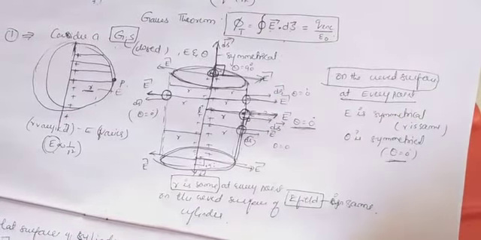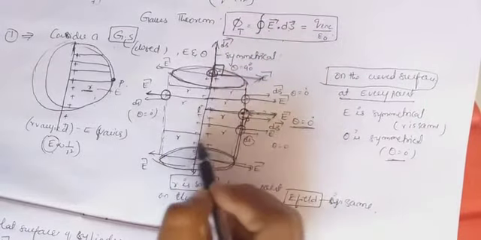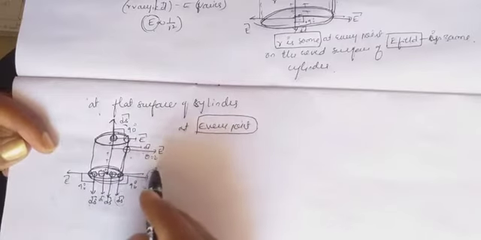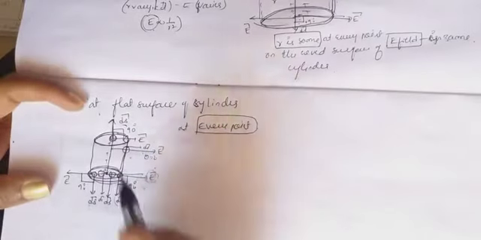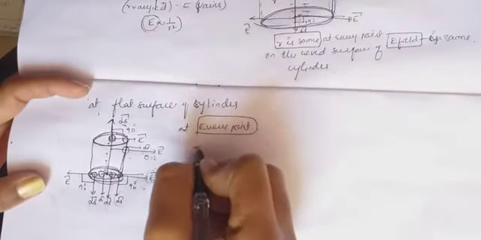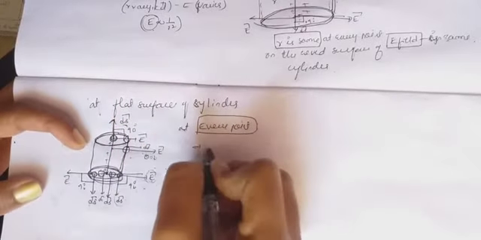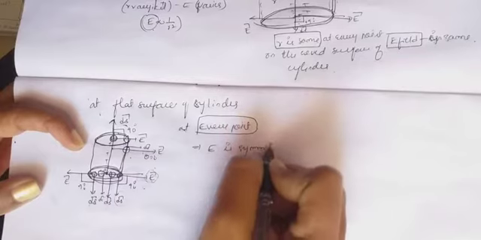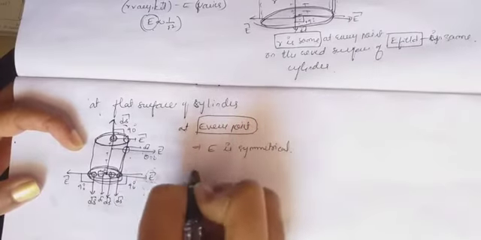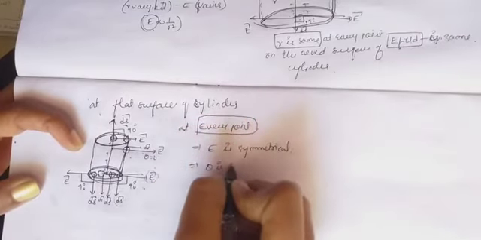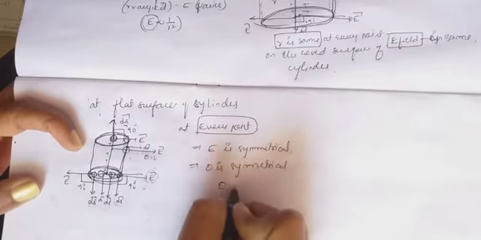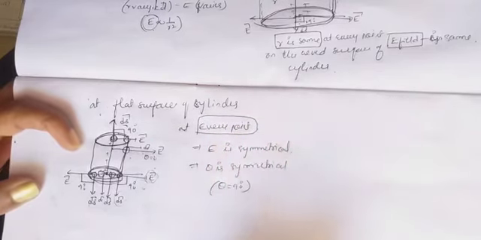Theta is symmetrical. At every point on the flat surfaces theta is equal to 90 degrees, so this is also symmetrical. So at every point E is symmetrical, and theta is symmetrical.